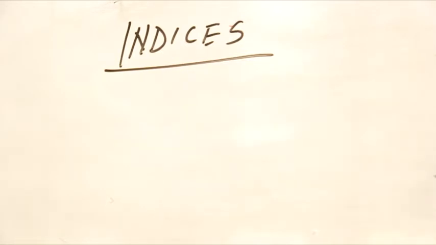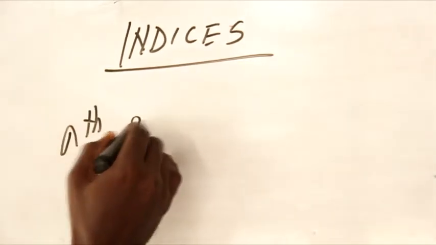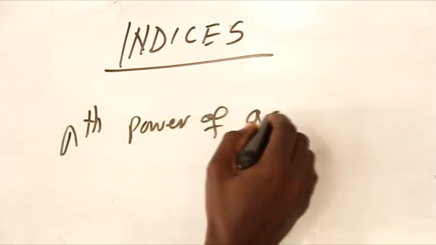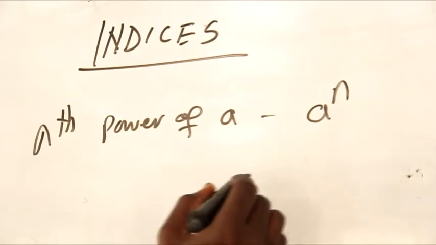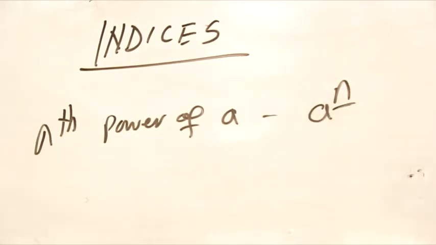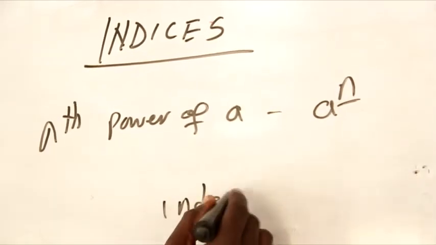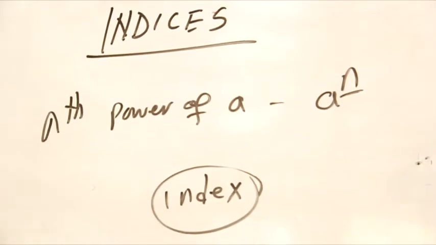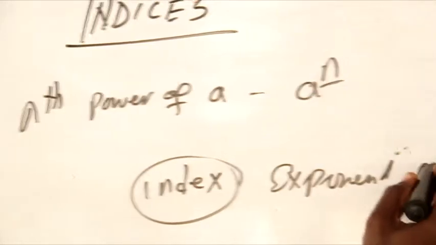Today the topic on board is indices. And we know that indices has to do with exponents. If we say that the n power of a is written as a raised to the power of n, this n is what is referred to as the index, and indices is the plural of index, and this has to do with exponents and or powers.